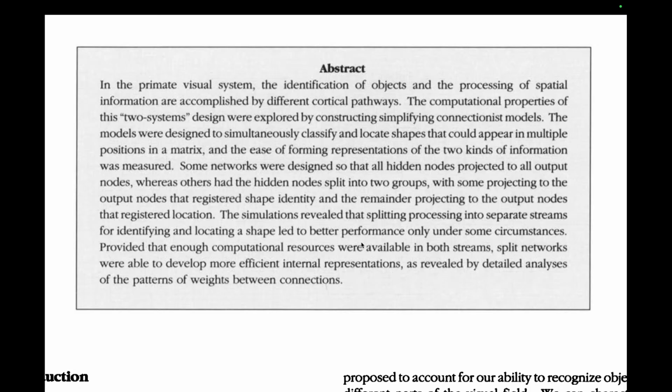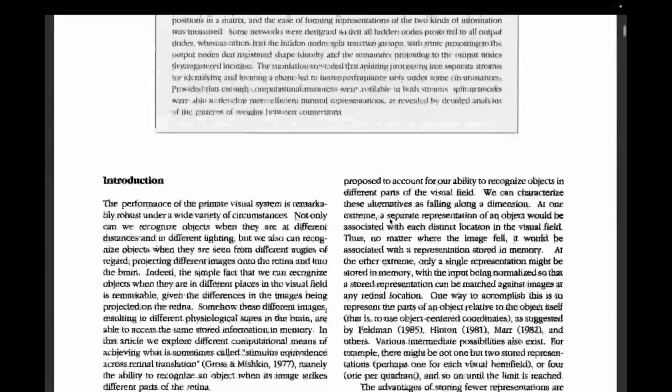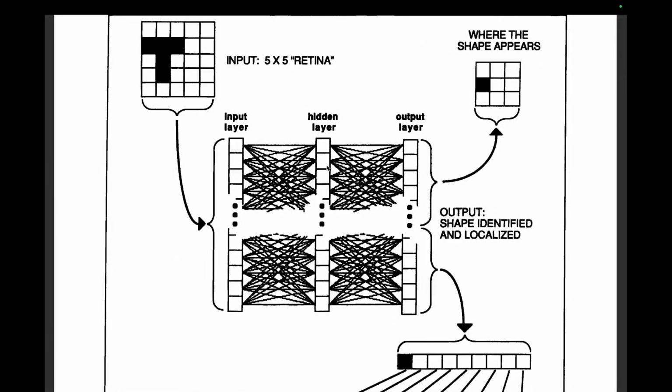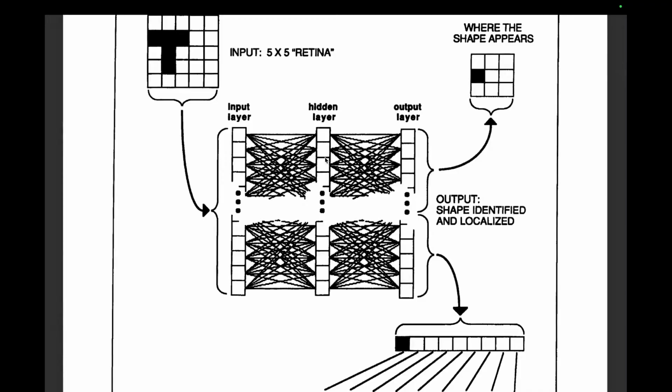So what this is saying is that some of the networks were designed so that all hidden nodes connected to all output nodes, where in others the hidden nodes split into two groups. Going back to this image here, they seem to split into two groups, right?